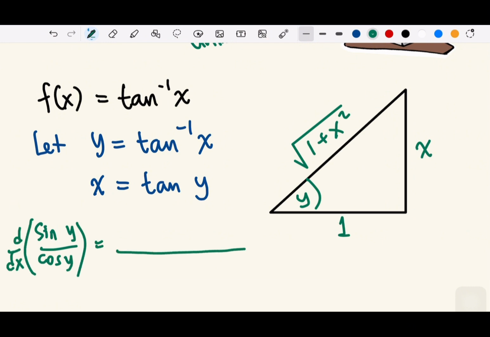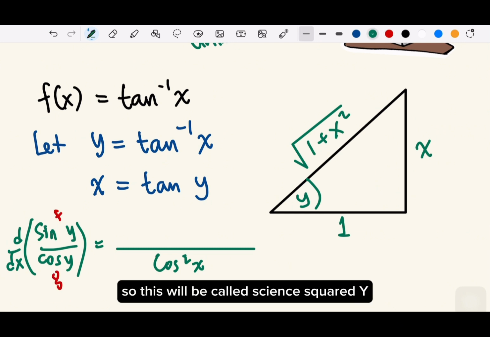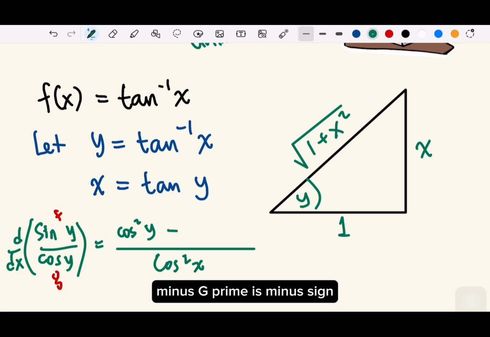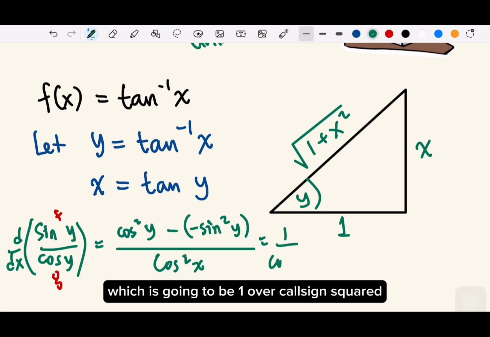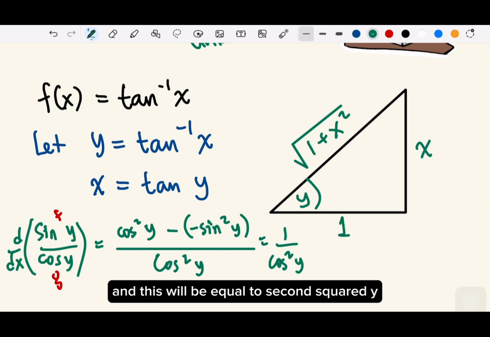We take the quotient rule, so this is f, this is g. This will be cosine squared y minus g prime, which is minus sine, so minus sine squared y, which is going to be 1 over cosine squared y. And this will be equal to secant squared y.